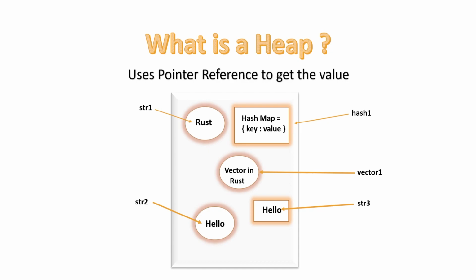The str contains the pointer which points to the memory present on the heap, and vectors in Rust and hash maps also reside in the heap, whereas the heap uses the insert method in order to add items onto the heap. The heap helps us maintain a variable amount of space which can be allocated on the memory and used by the program at runtime.